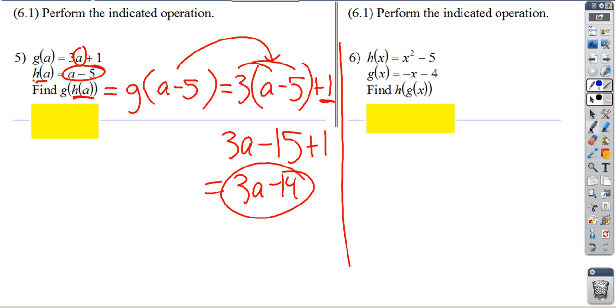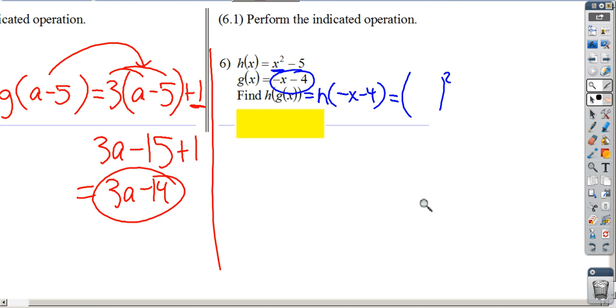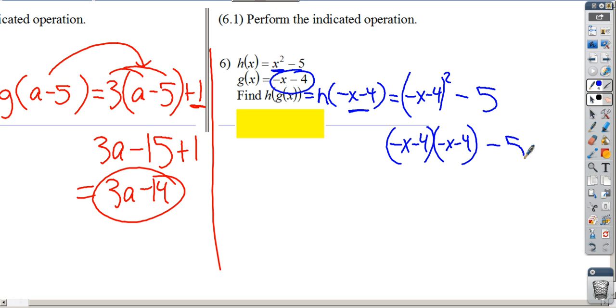Okay, same thing right here. H of g of x means h of, well, this is the function g of x, so negative x plus 4. That means wherever I see an x, which I see an x right there, x was being squared, and then 5 was subtracted from it. Now, instead of x being squared, negative x minus 4 will be squared. So how do you square negative x minus 4? You FOIL it out. We still have that minus 5 there.